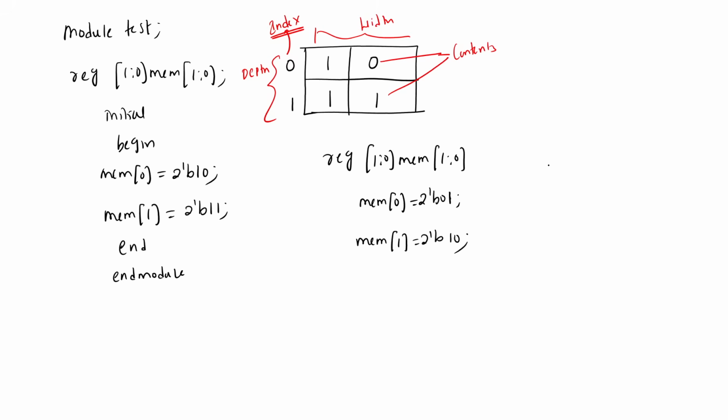Okay, so two locations will form. Here this is 0th and 1st. So 01 will store and 10 will store.